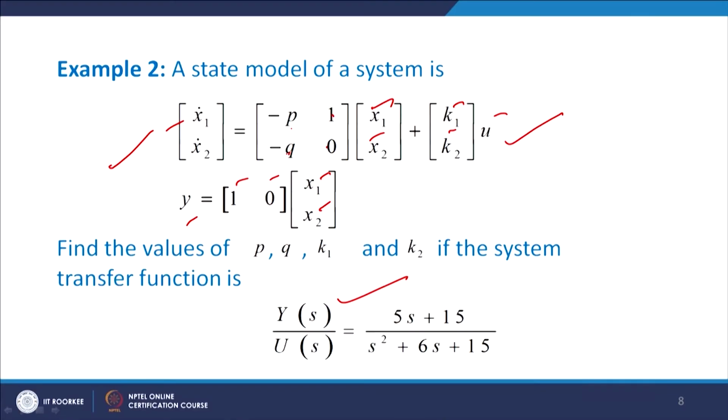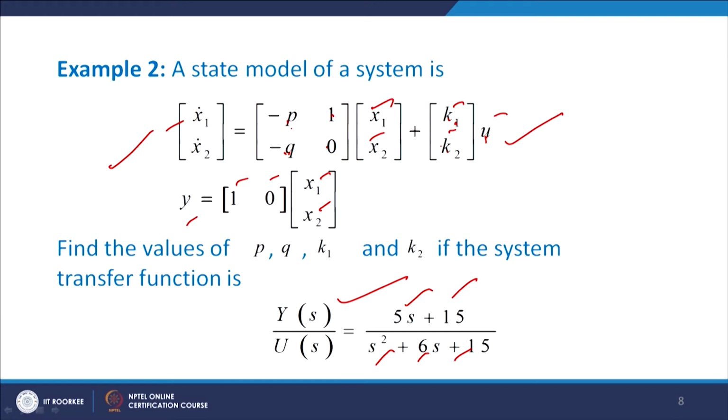The unknowns are p, q, k1 and k2, and the transfer function Y(s)/U(s) is given as (5s plus 15)/(s square plus 6s plus 15). Using these two, we have to determine p, q, k1 and k2.